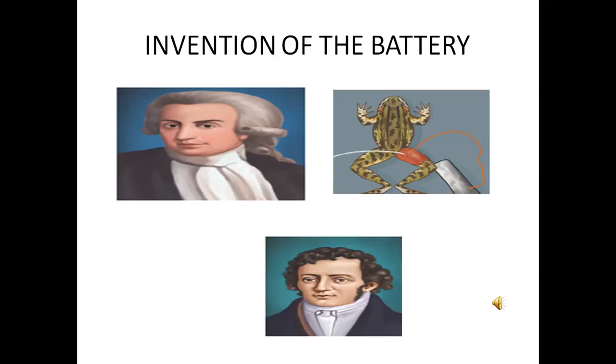The invention of the modern battery is often attributed to Alessandro Volta. It actually started with a surprising accident involving the dissection of a frog. So the first inventor related to the battery is Luigi Galvani, and the modern battery inventor is attributed to Alessandro Volta.